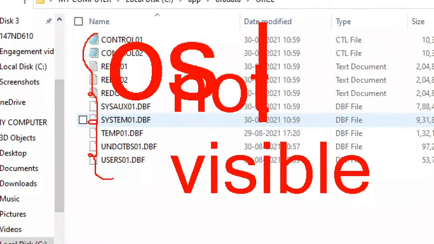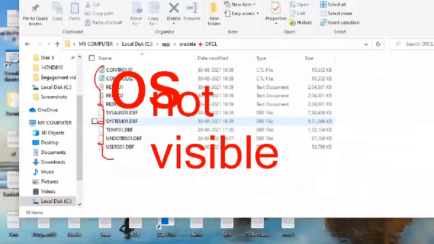Very, very important. Tables are not visible in the C drive, D drive, like that. Views are not visible in the C drive, D drive, E drive like this. Indexes, functions, procedures are not visible. That is visible in a database, I agree, but unfortunately that is not visible in the operating system.